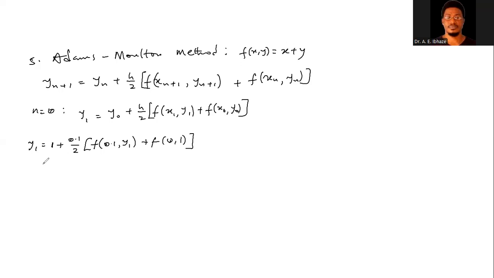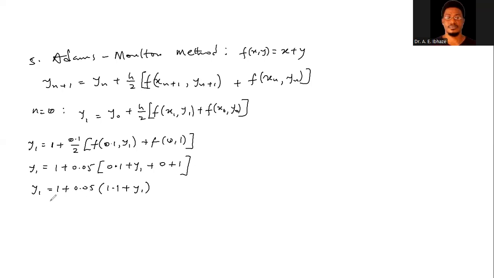So once we implement this here, we have y1 to be the same as 1 plus 0.05 into brackets 0.1 plus y1 plus 0 plus 1. So with this plus this, that will be 1.1 plus y1. So this will be y1 equal to 1 plus 0.05 into bracket 1.1 plus y1.